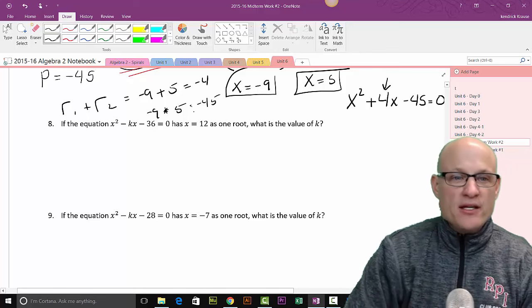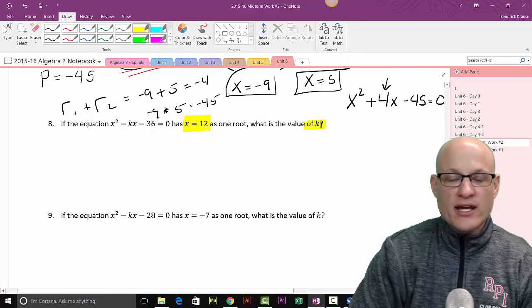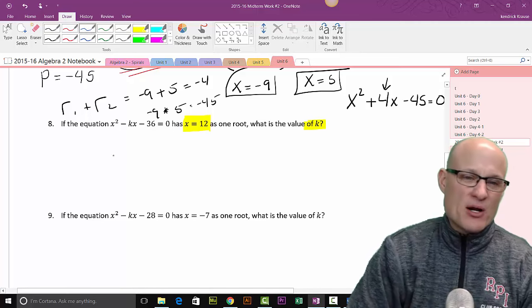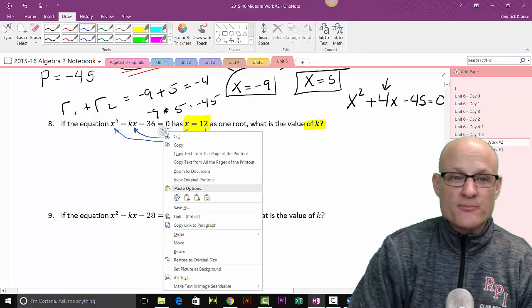Okay, so here's another kind of root question. If x equals 12 is one of the roots, what is the value of k? Well, one of the things you got to remember about roots is when I plug them in for x, I should get 0 out.